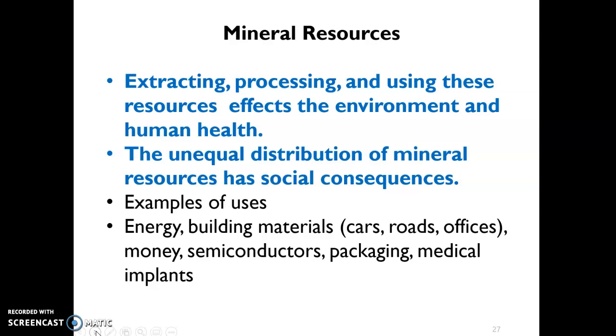So we can use mineral resources for energy. For example, fossil fuels like coal and oil can be used for energy. Some of these resources may be used for building materials to build cars. So for example, the metals used to make a car, the roads, etc. Money can be thought of in terms of things like gold, or the mineral resource on which it's based, but also, for example, for coins.